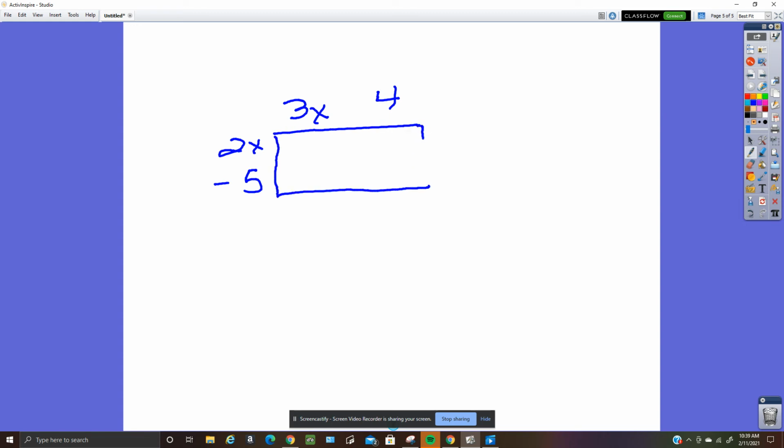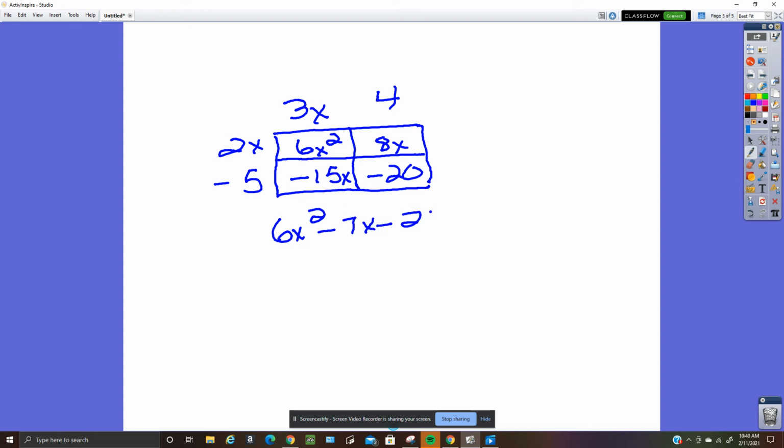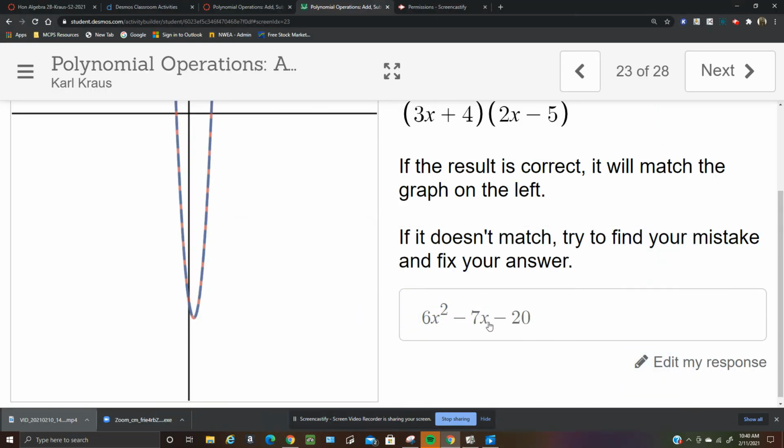So multiplying the individual terms together with 6x squared here, 8x here, minus 15x, and then negative 5 times 4 is negative 20. So combining like terms on the diagonal here. Six x squared minus 7x minus 20. It's the same thing as I have here.